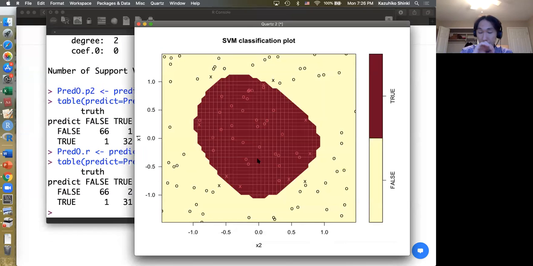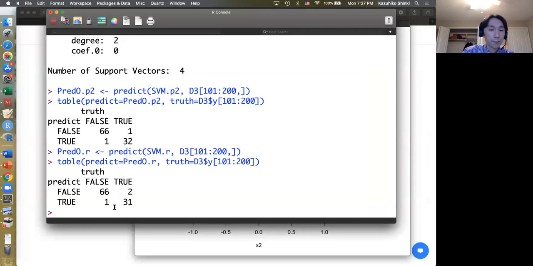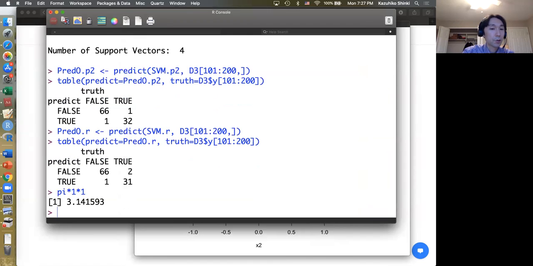One reason that the linear classifier and the polynomial with degree 3 do not work at all is that we have imbalanced data. We have a different number of observations in the true group and the false group. This is the unit circle. What's the area of the unit circle? The area of the unit circle is pi times 1 times 1, so 3.14.